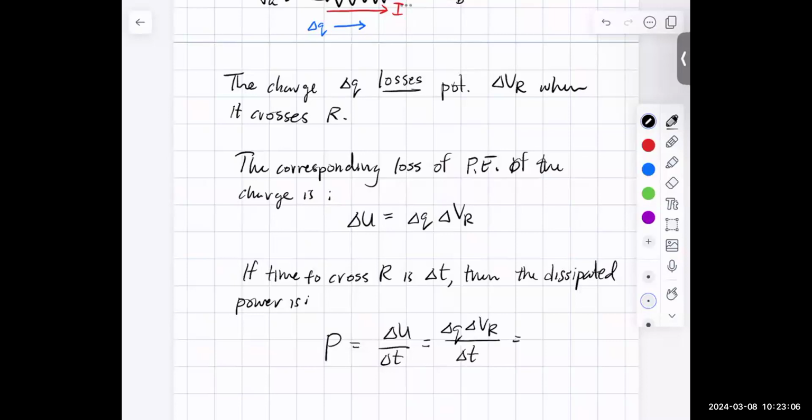I could rearrange this and express it in this way: I'll separate the delta Q divided by delta T and then multiply that fraction by delta VR. But what is this ratio of delta Q over delta T?